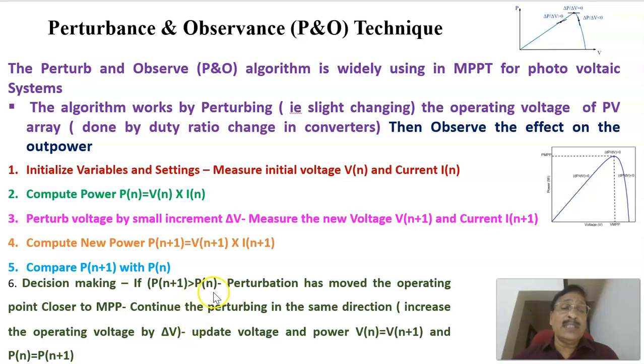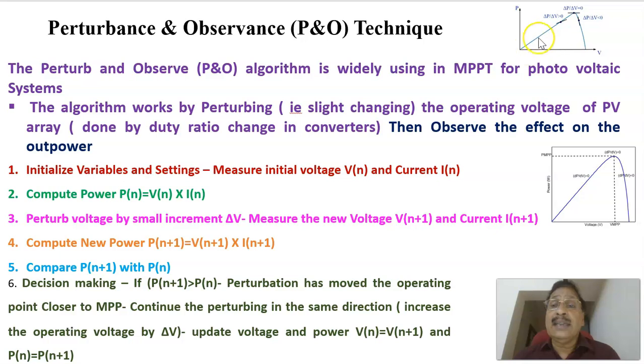Therefore, if Pn plus 1 is more than Pn, the perturbation has moved the operating point closer to the maximum power point, and we continue the perturbation in the same direction, increasing the voltage again by delta V, and update so that Vn becomes Vn plus 1 and Pn becomes Pn plus 1.